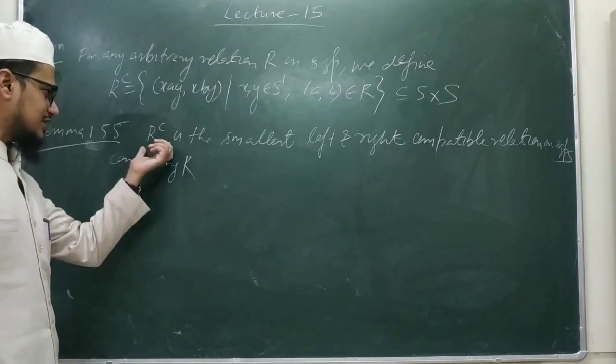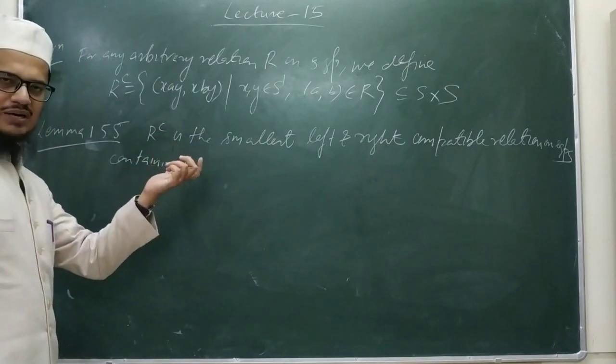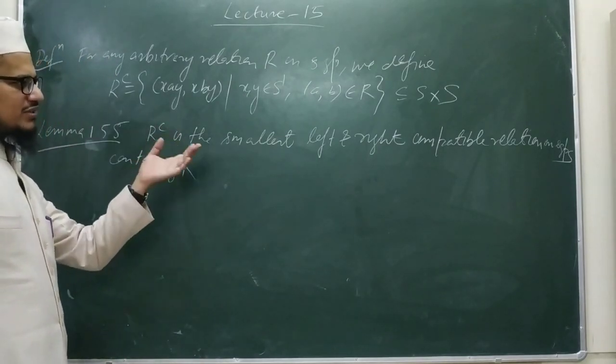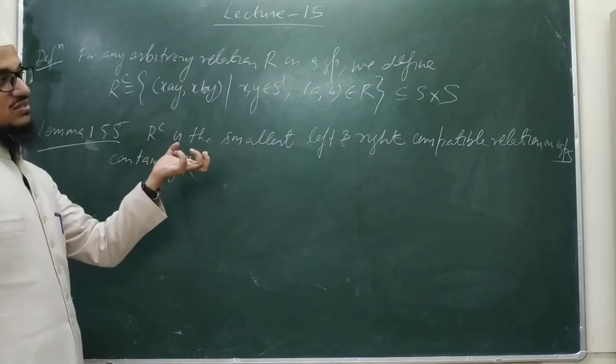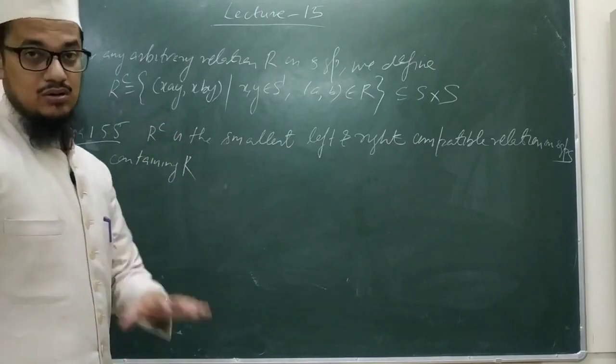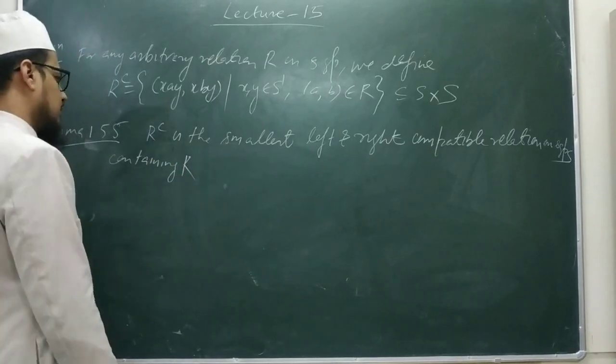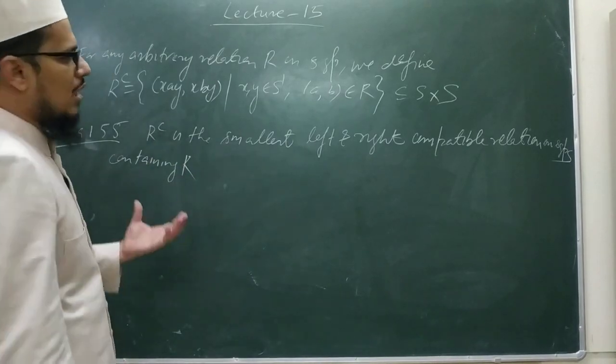First we have to prove that R^C is left compatible and right compatible. Then after that we prove this is the smallest left and right compatible relation, and also that it contains R. So first try to think about how it contains R.